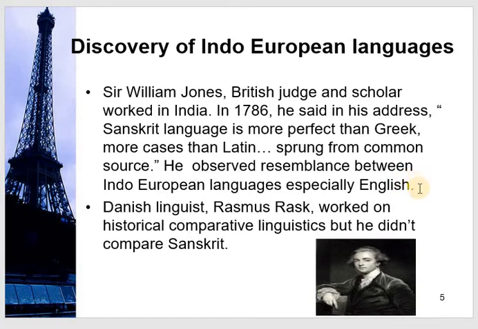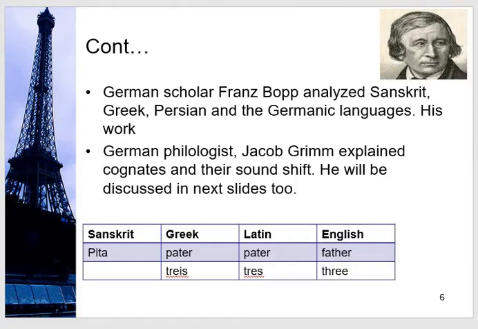Another scholar and linguist, the Danish linguist Rasmus Rask, worked on historical comparative linguistics, but he didn't compare Sanskrit. He did not have an understanding of Sanskrit, so he just worked on comparative linguistics. Another German scholar, Franz Bopp, analyzed Sanskrit, Greek, Persian, and the Germanic languages.